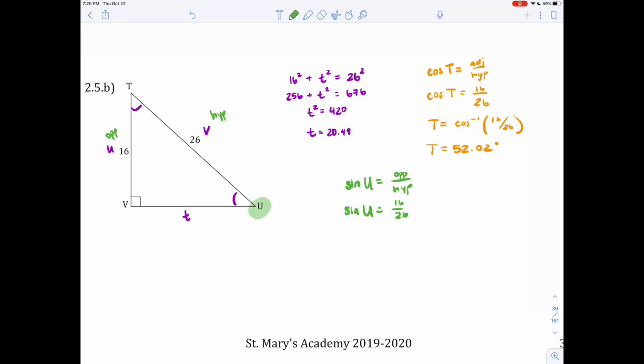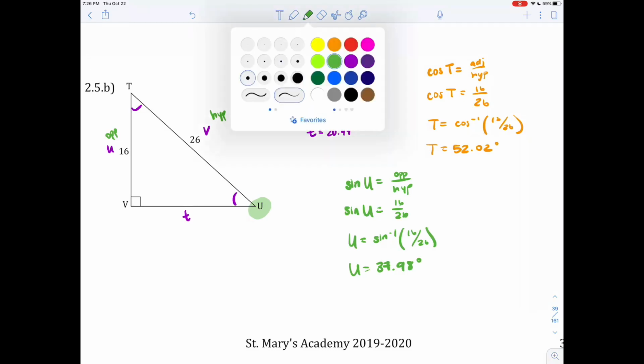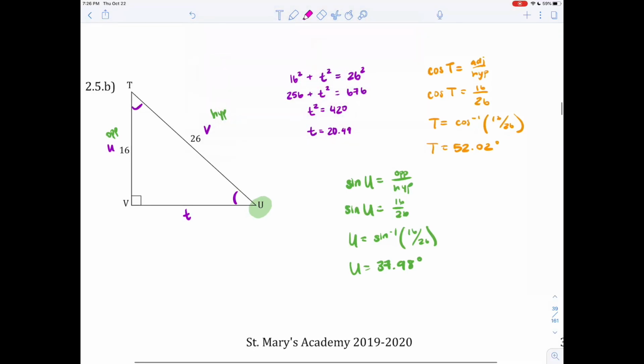To undo sine, I inverse sine both sides, so I get U is equal to the inverse sine of 16 over 26. When I put that into my calculator, I should get 37.98 degrees.